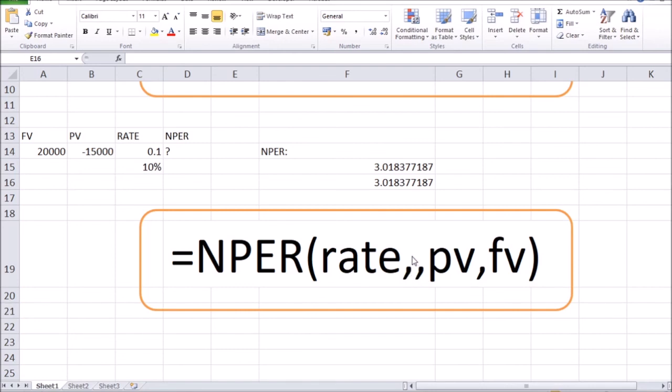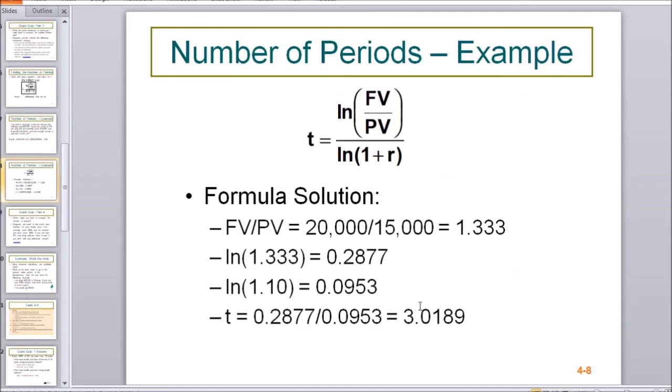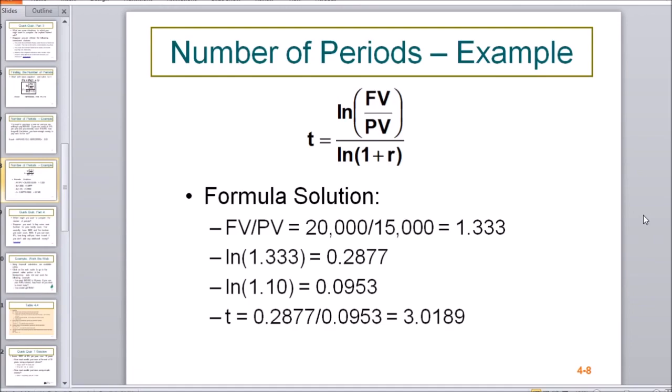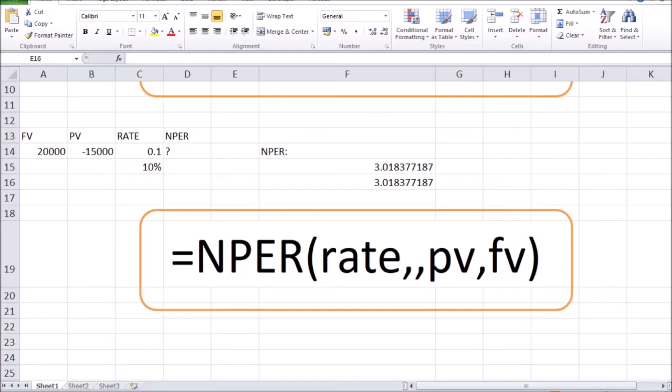We're going to talk about PMT in future. Then enter present value, enter future value, ignore the rest, close the brackets, and hit enter to get the answer. We can have the same solution with the formula involving the natural logarithms, but again, as I've mentioned, perhaps Excel is going to be a little bit quicker for you.